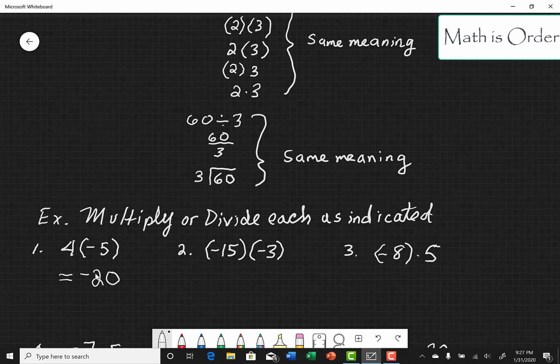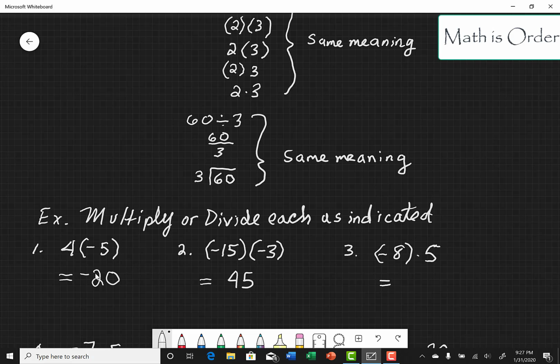Okay, for number 2, we've got two numbers inside of parentheses. Each has a parenthesis around it. This is also indicative of multiplication. A negative times a negative will result in a positive. In number 3 here, we've got a negative times a positive.